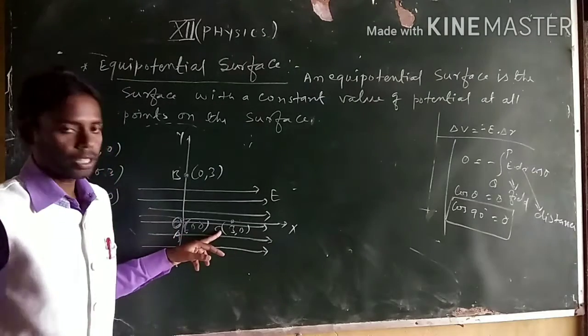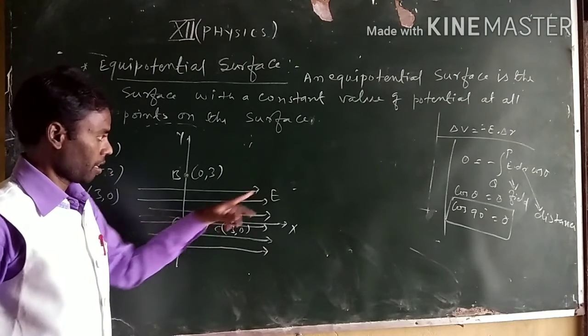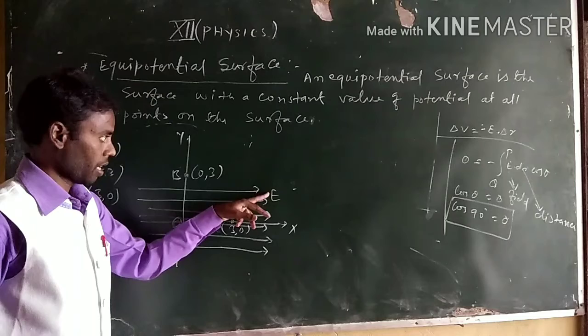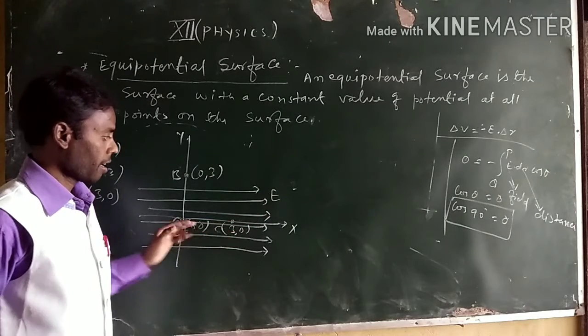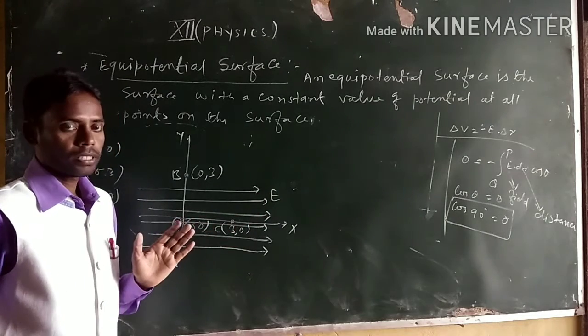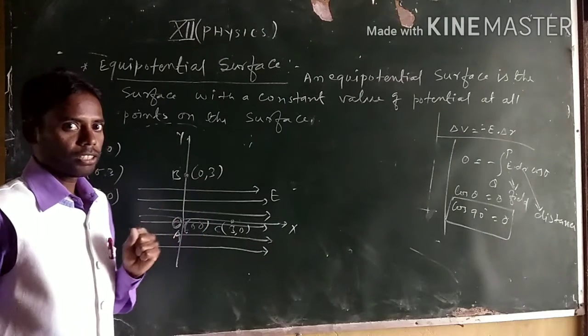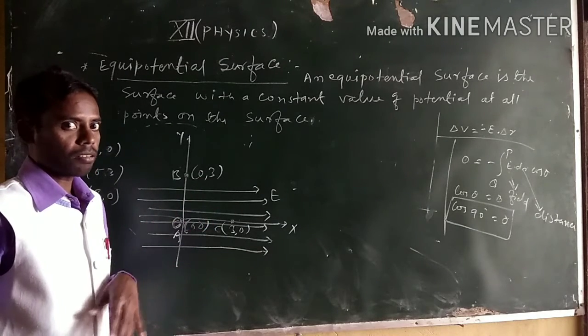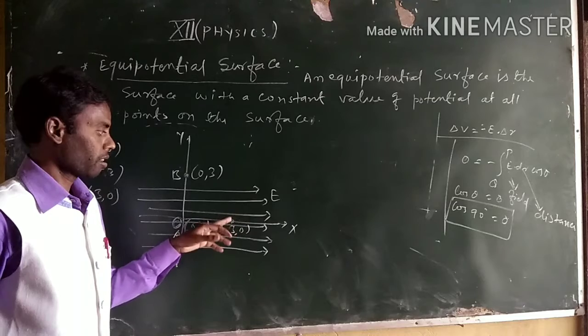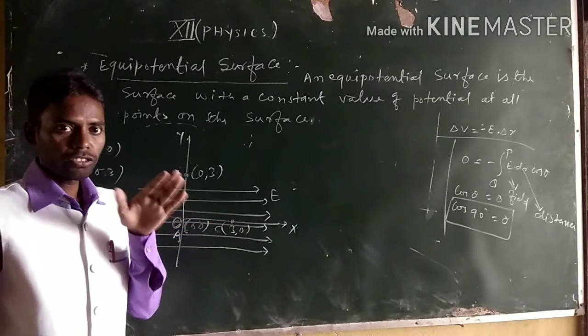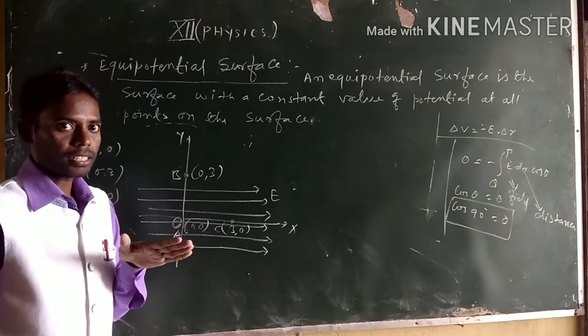Between A and C, the angle between the electric field and the displacement is 0 degrees, parallel or 180 degrees. That means these points are not on an equipotential surface.